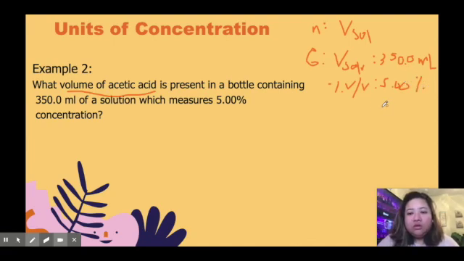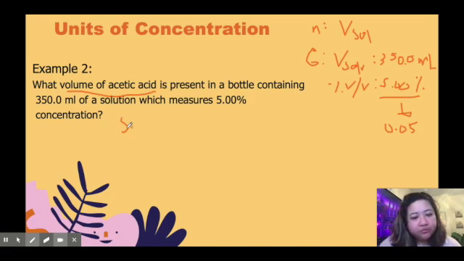For an easy computation, I will convert this first to decimal. So 5.0% is 0.05. Remember, just move two decimal places to the left. And then now let's go on with the solution.